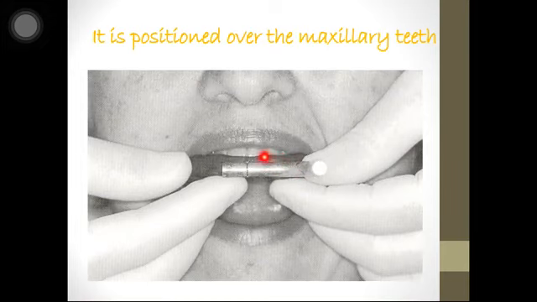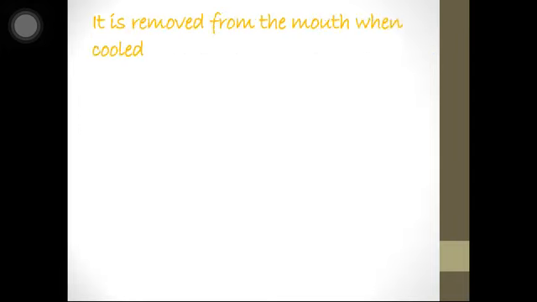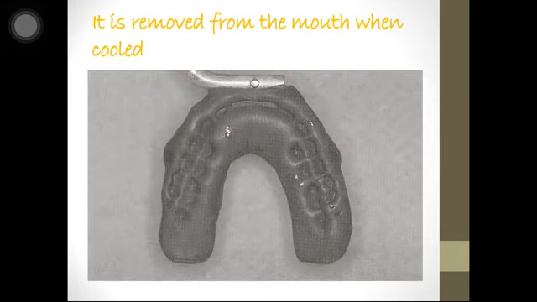Only the cusps and the incisal edges of teeth are recorded, and with the help of these indentations, the maxillary position is recorded. Then it is removed from the mouth when the impression plaster is set. Here you can see that the cusps have been recorded.